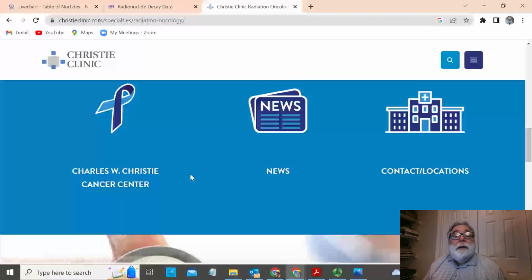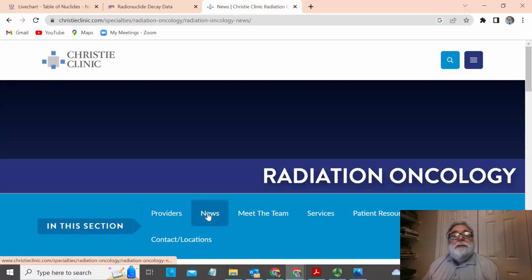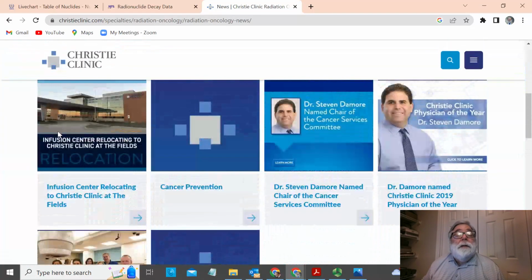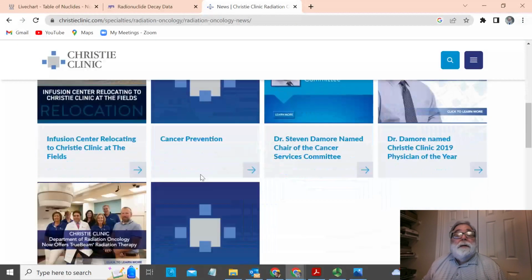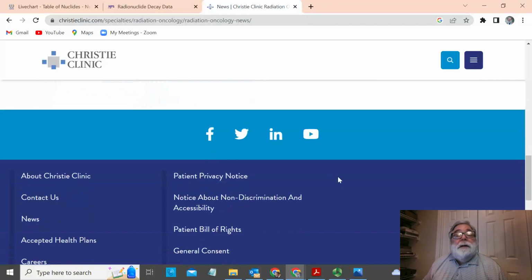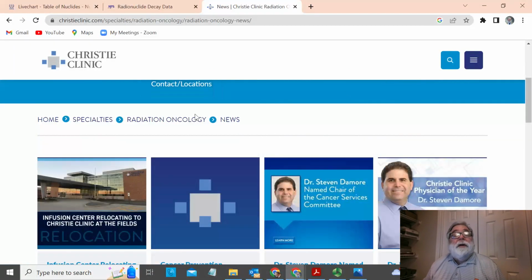Yeah, I don't see it. If they had proton therapy, it would be on the main page. So let's see, maybe it's under news. Yeah, they have an infusion center. They have, no, I don't think they have proton therapy there. I think that Google just thought I was looking for radiation oncology, and it picked one close by.